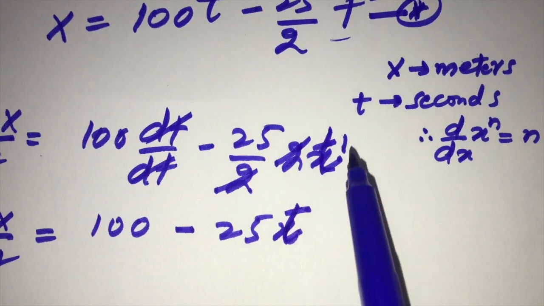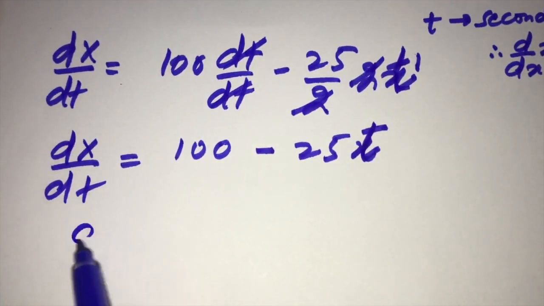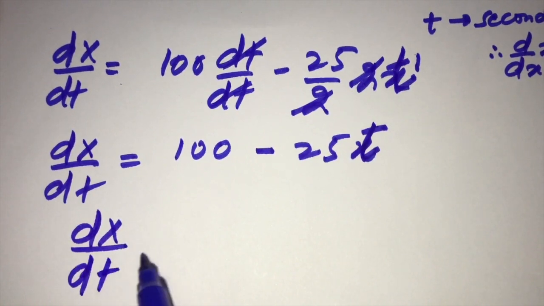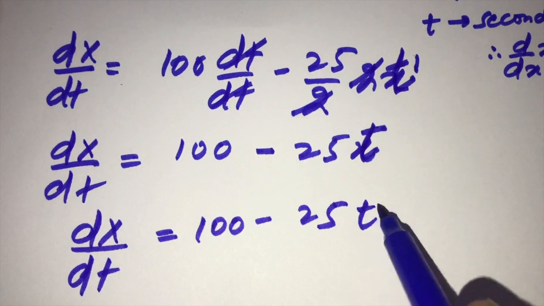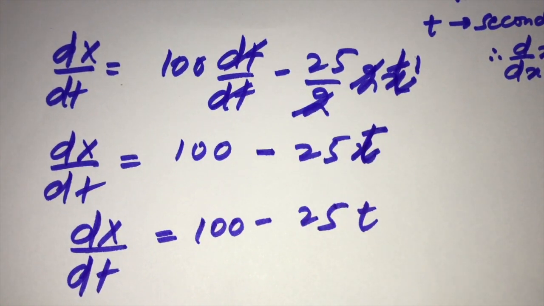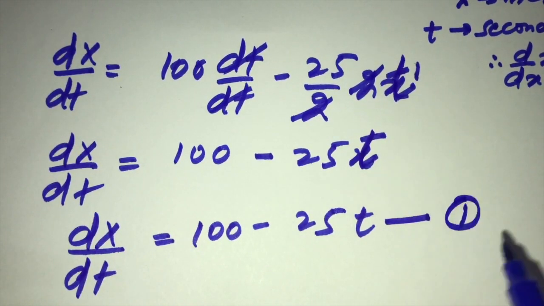So the final relation is dx by dt is equal to 100 minus 25t. As we are finding the initial velocity, we must put t equal to 0 in that equation. Name this equation as 1.